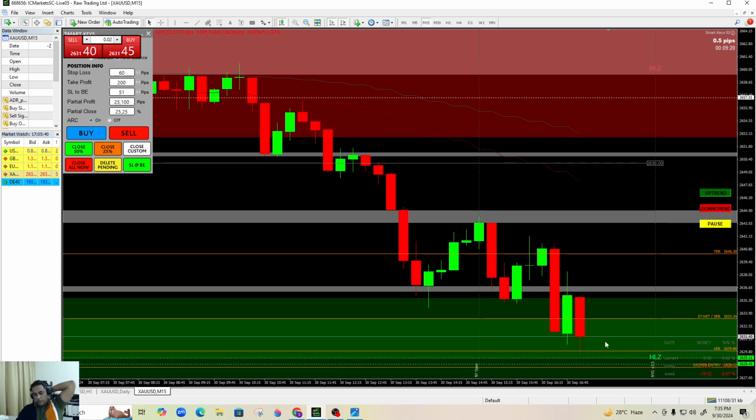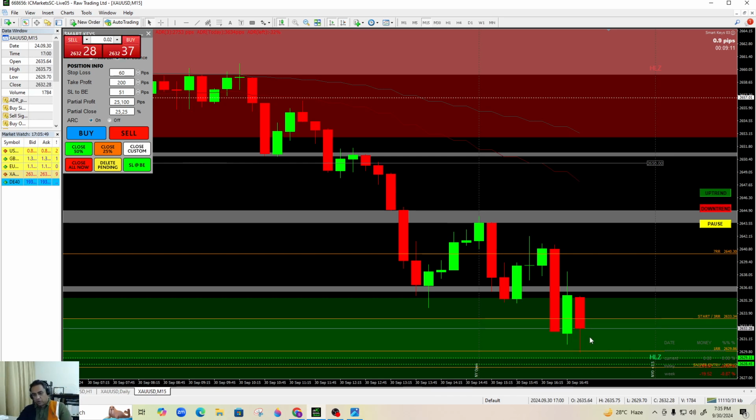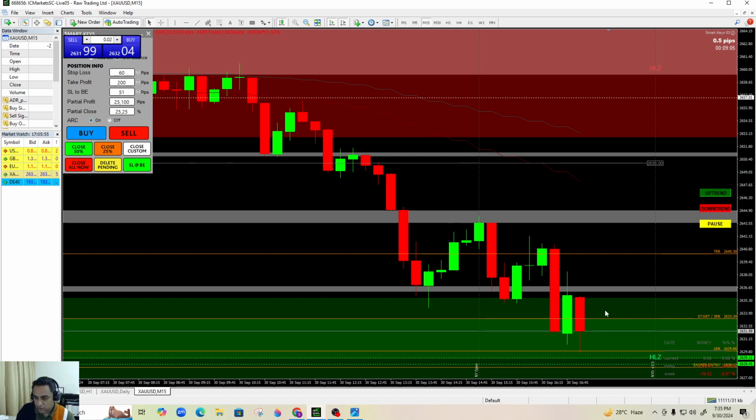I'm going to give my trade one more chance if this candle closes the way I want it to, right? If this one or the next candle creates a liquidity wick and closes, then I'm going to look for opportunity, right? So maybe not this M15 candle, maybe the next one.